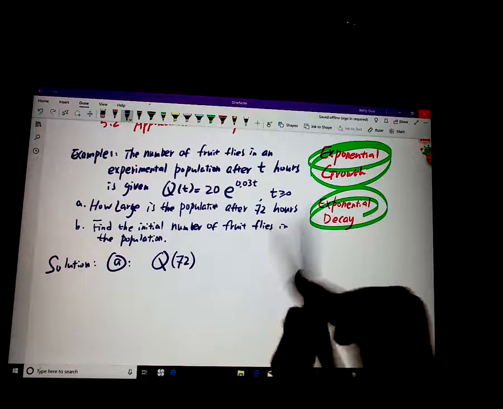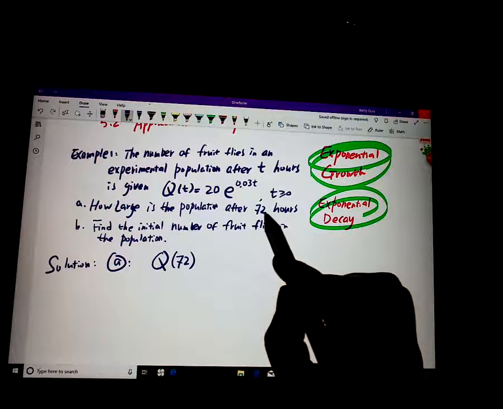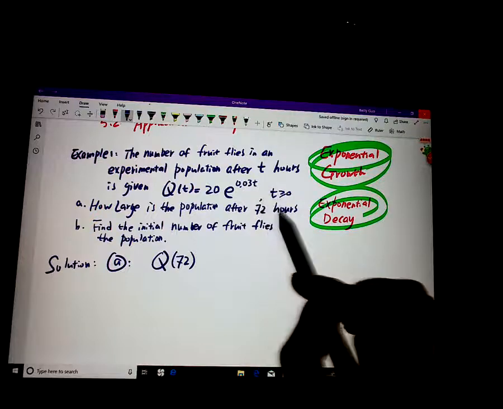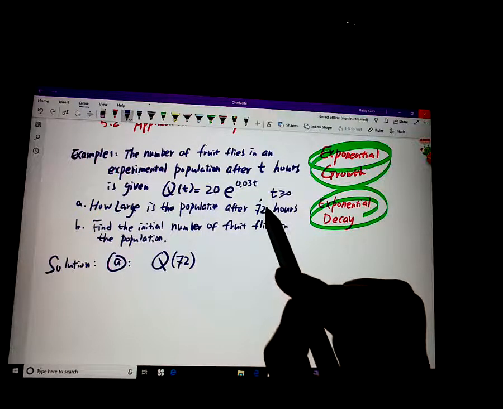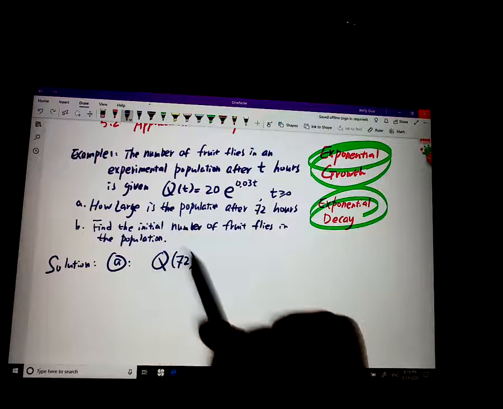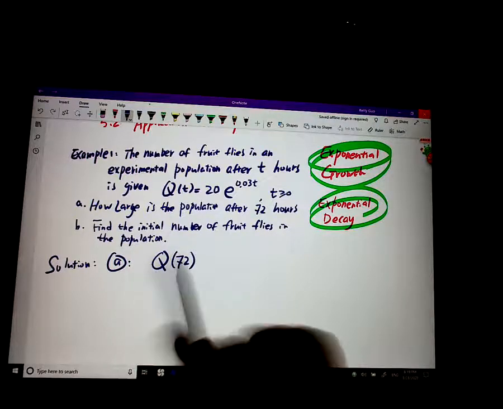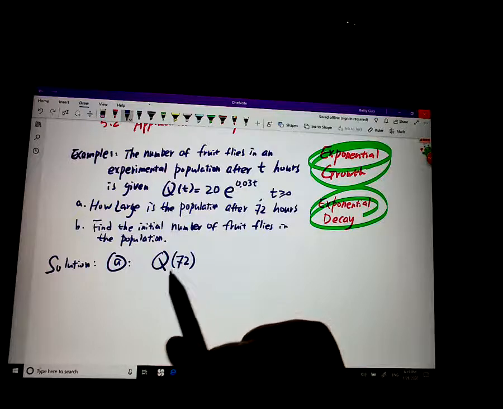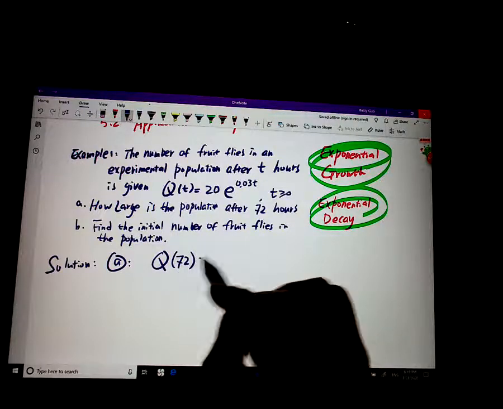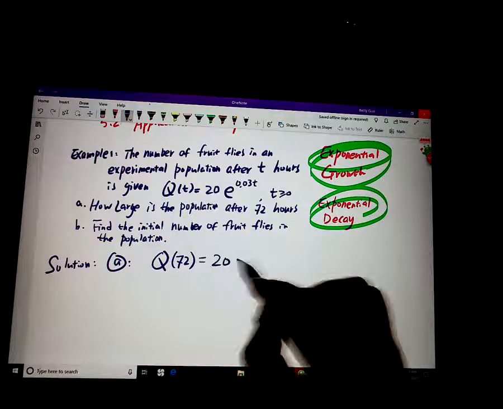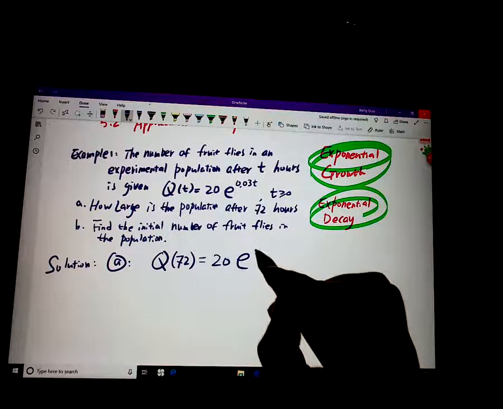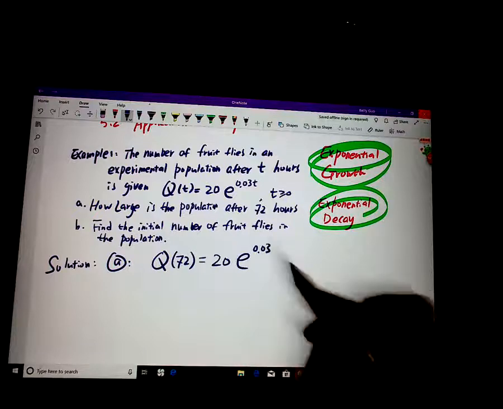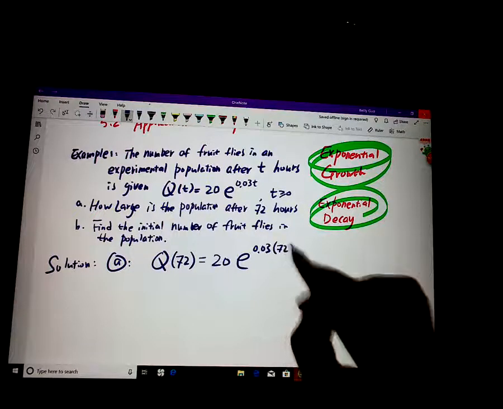In part A, we are given the input, the value of the independent variable t equals 72. We are looking for the corresponding Q value, the corresponding population. So that is 20 e, we know what e is, right? It's a constant irrational number, to the power of 0.03, plug in t equals 72.